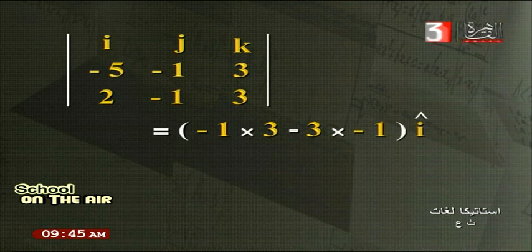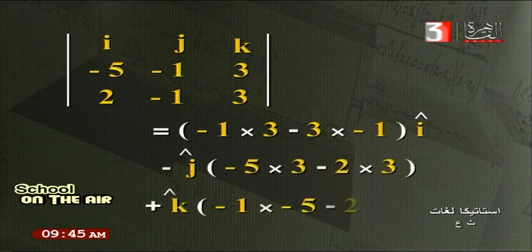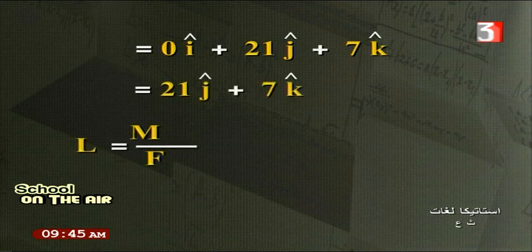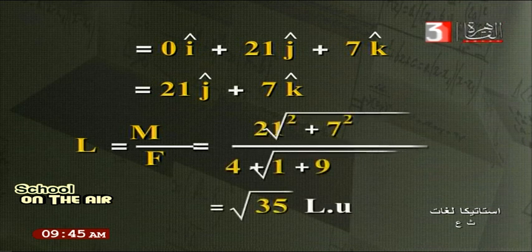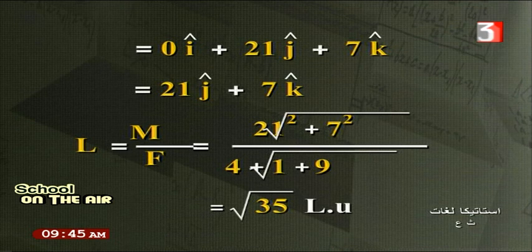Therefore, by using the determinant, the moment equals 21j plus 7k. The length of the perpendicular equals the norm of the moment over the norm of F, which equals square root 35.